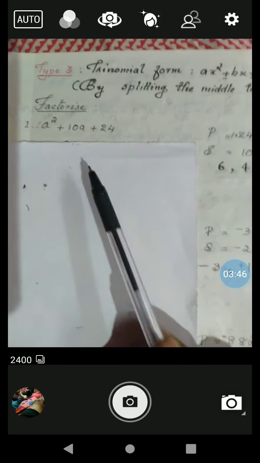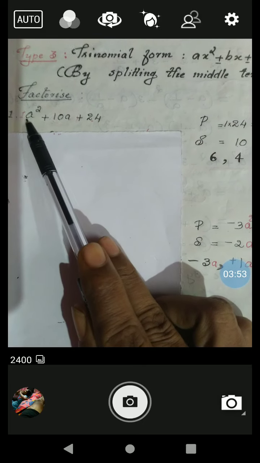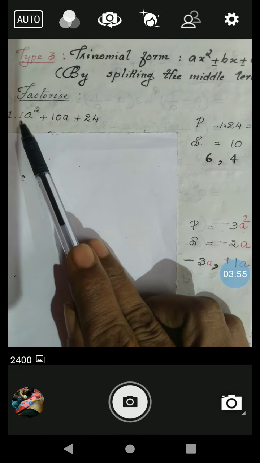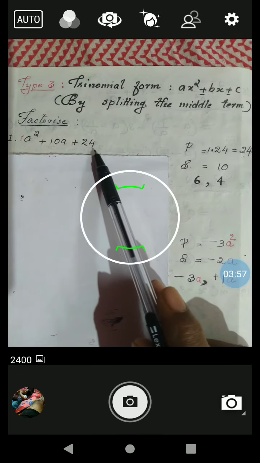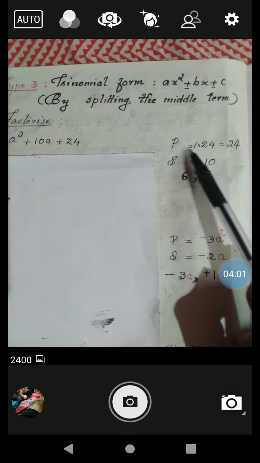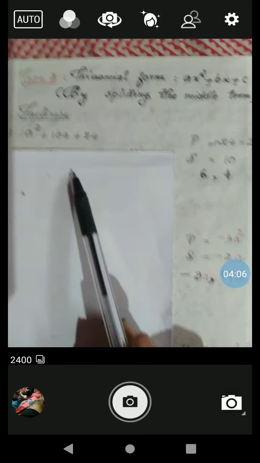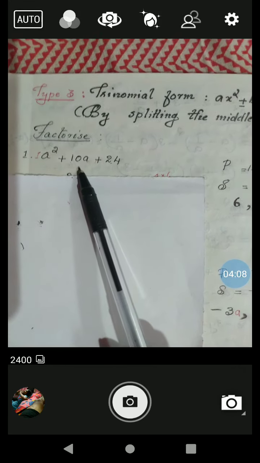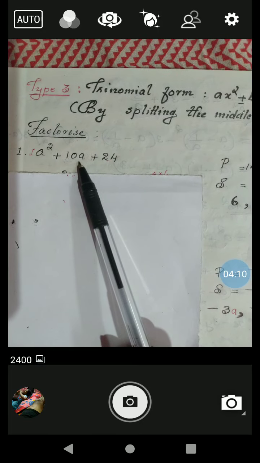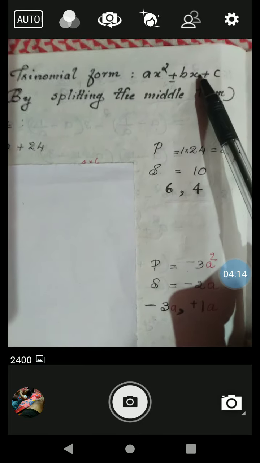Okay, and here how can we take product? Product is the coefficient of a square, which is 1, and 24. So we can write product is equal to 1 into 24, 24. And sum is the coefficient of a in this case, here coefficient of x.